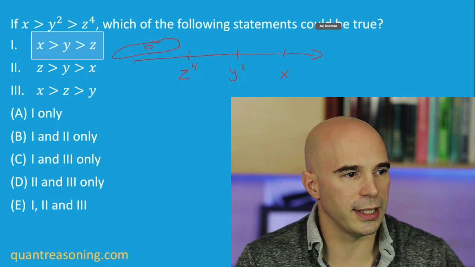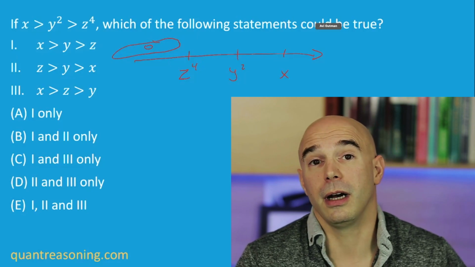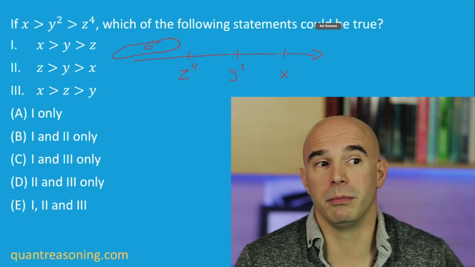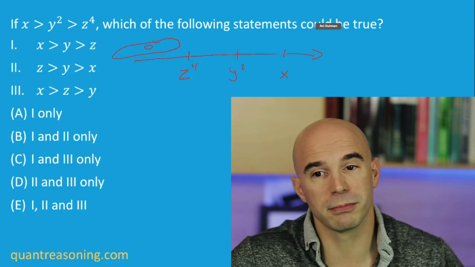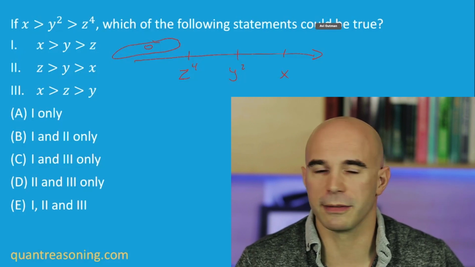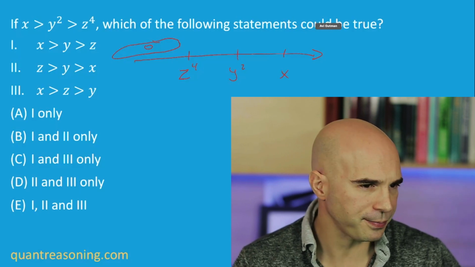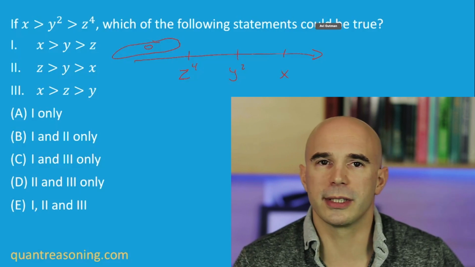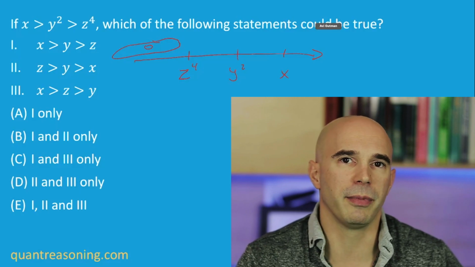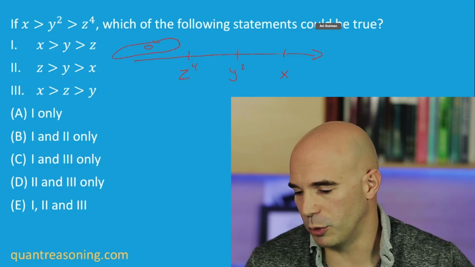And yeah, many of you are saying that that one is probably the easiest to evaluate, and I agree. The way that I would do that is maybe I would just say that x is 1,000,000. I'm just grabbing some enormous number because that kind of works for the first Roman numeral. So x could be 1,000,000. And then under what circumstances would something squared be greater than something to the power of 4 when also those bases are in that same order?